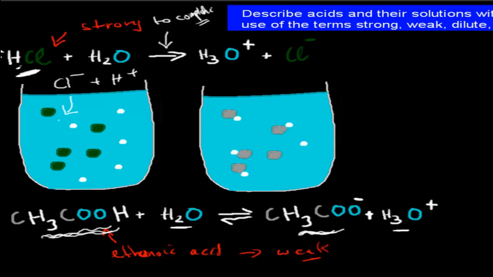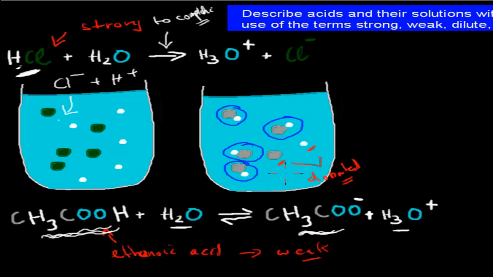If you look at the actual reaction, this one has donated its hydrogen ion to one molecule, whereas the other ones are still intact. So overall, this one is a weak acid.